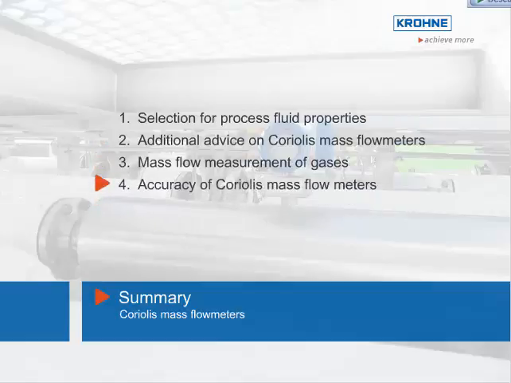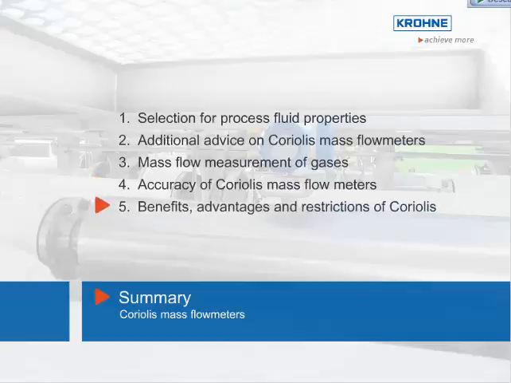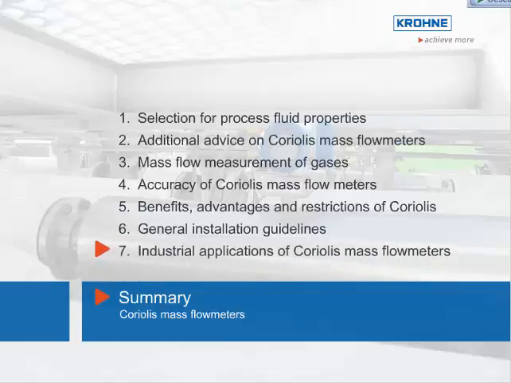You will know that Coriolis mass flow meters offer the highest accuracy capability. You also appreciate the benefits and advantages, along with knowing some restrictions of using Coriolis meters for both liquid and gas measurement. You will now be familiar with the most important installation guidance for both liquid and gas applications. Finally, we have provided you with examples of applications by industry using Coriolis meters for liquids and gases.